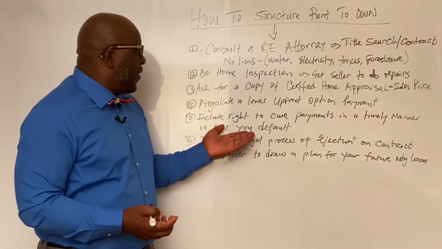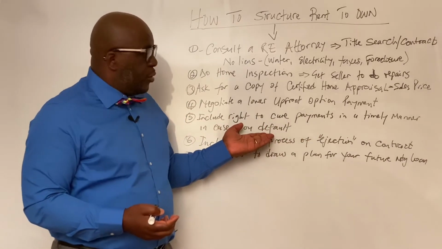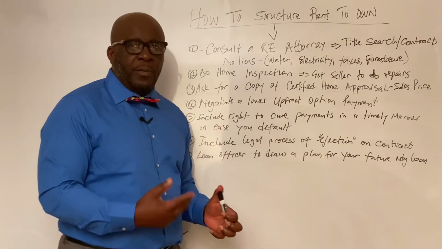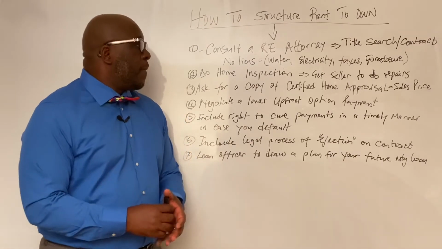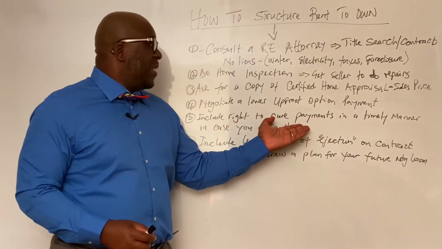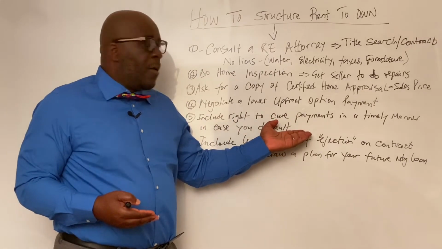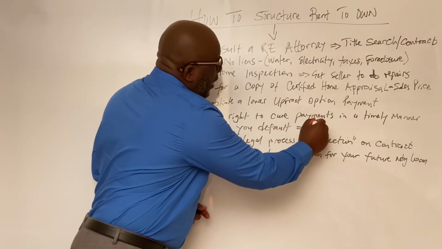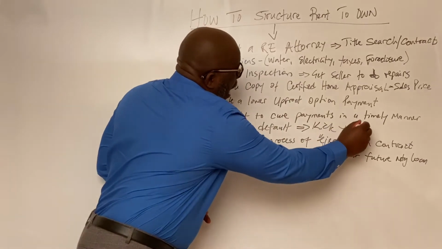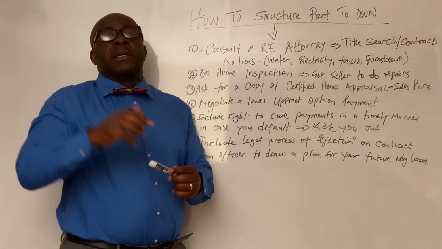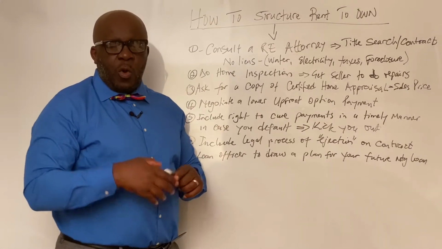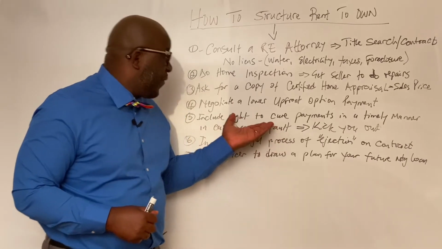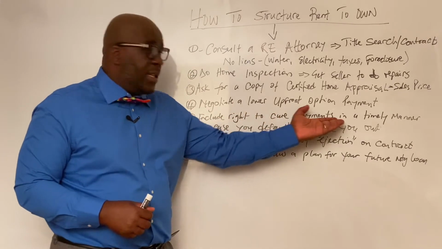But if you have the option to cure those payments, let's say for example, three months you were not able to pay because of sickness or you lost your job, once you get back on your feet, you should be able to cure those payments and still stay in that home. But once you don't pay for one month, the seller goes ahead and kicks you out. And they kick you out because why? They are looking for the next tenant who will sign another contract and give them another option fee. Be very careful that you have that option to cure the payments in a timely manner.